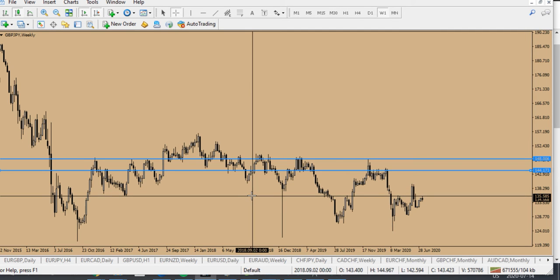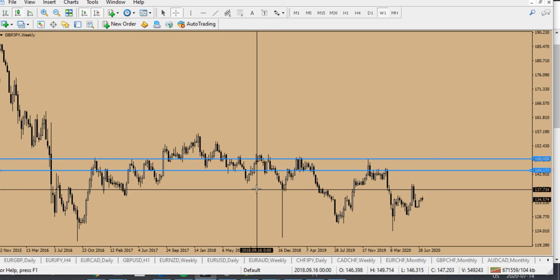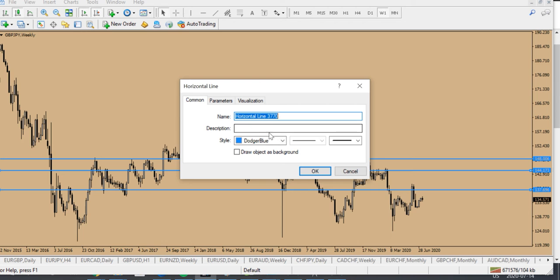Again, if you look here, this weekly resistance is interesting also.